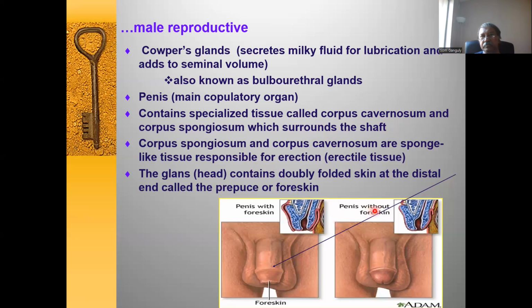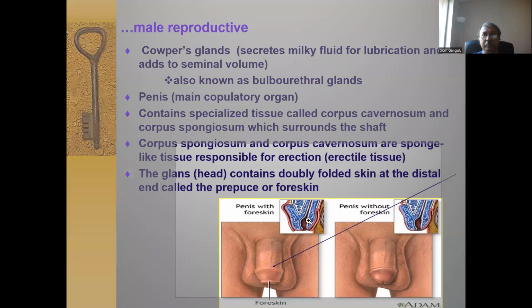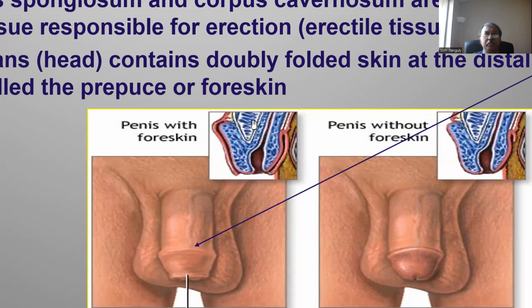This structure that you see here, the bluish color structure, let me magnify that a little bit. This structure gets enlarged and filled with blood and becomes erect.